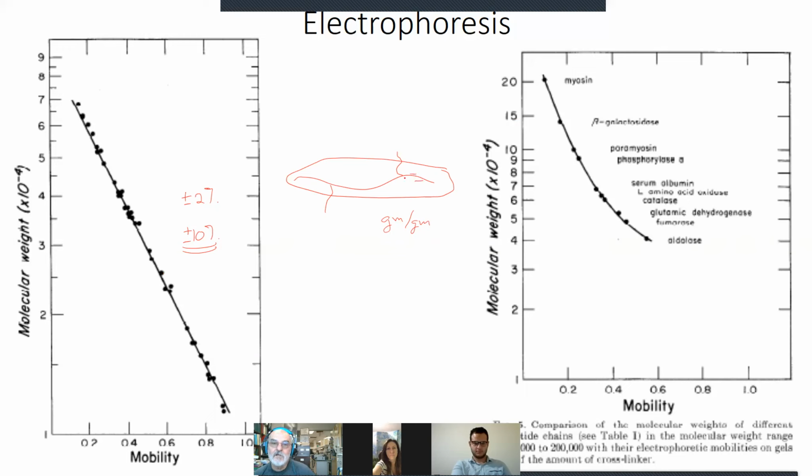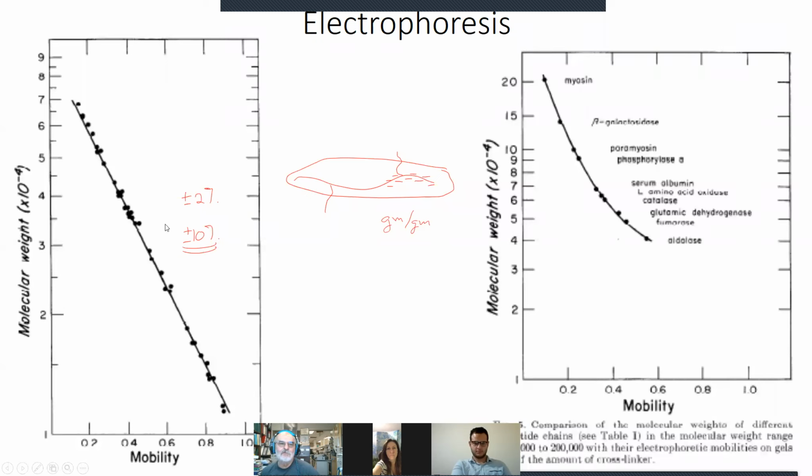Sometimes proteins are highly charged. They might have lots of phosphate, which might impede SDS binding, which would impede mobility. So there are lots of reasons why this might happen. But in general, this technique was about plus or minus 10%.